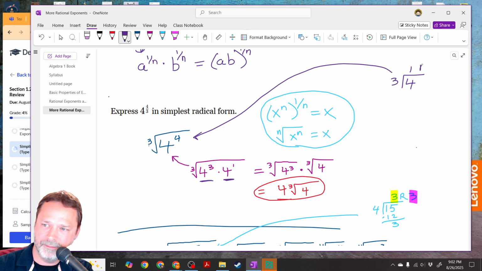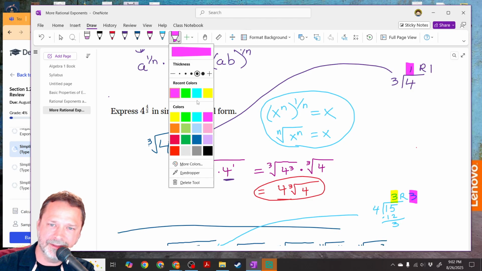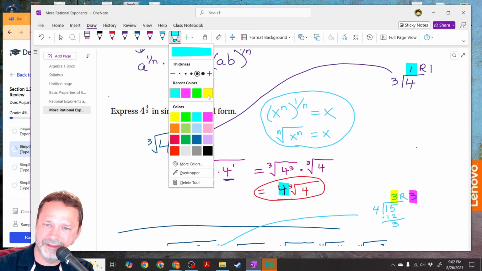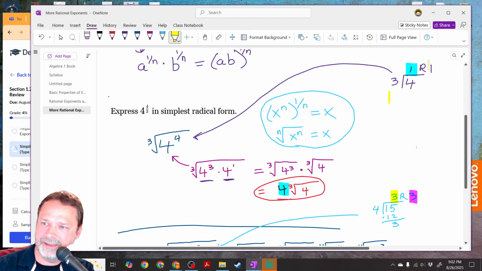It's 1 remainder 1. That means I'm going to have one 4 outside the root and one 4 inside the root. And that is what happened.